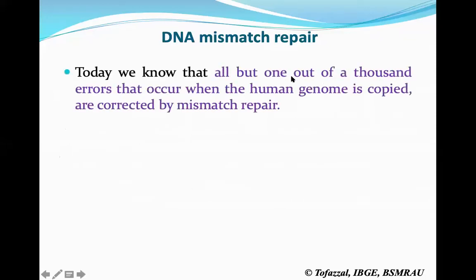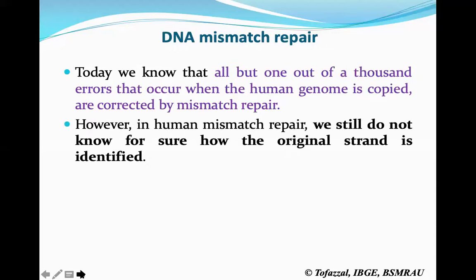Today, we know that all but 1 out of 1,000 errors that occur when the human genome is copied are corrected by mismatch repair. That means mismatch repair is another mechanism. If base excision or nucleotide excision fails to correct all the errors, then mismatch repair is the second phase of correction.